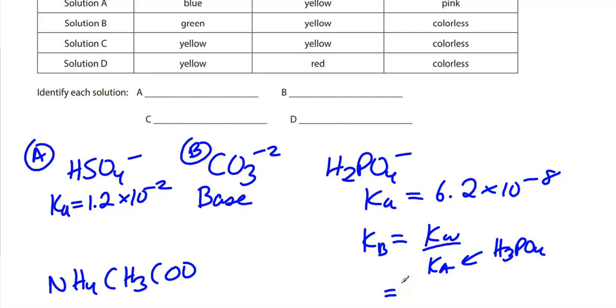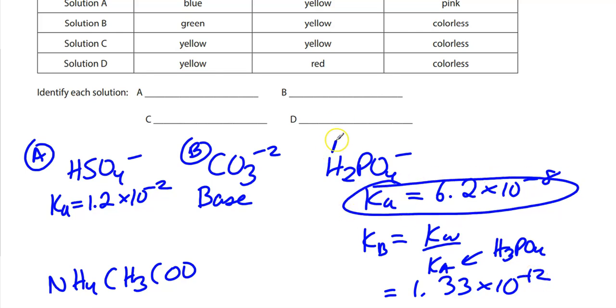One times 10 to the negative 14. I'm not even sure if we really need to do this calculation, but I'd rather just have it done if we need it. Okay, so Kb is 1.33 times 10 to the negative 12. So this is also behaving like an acid.